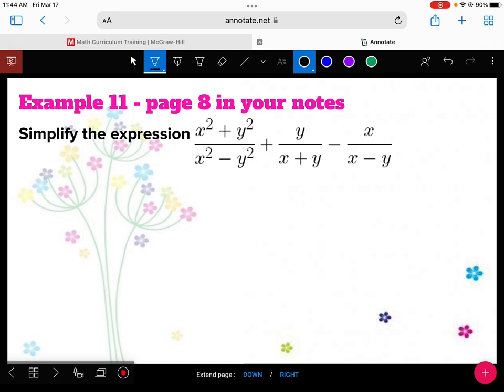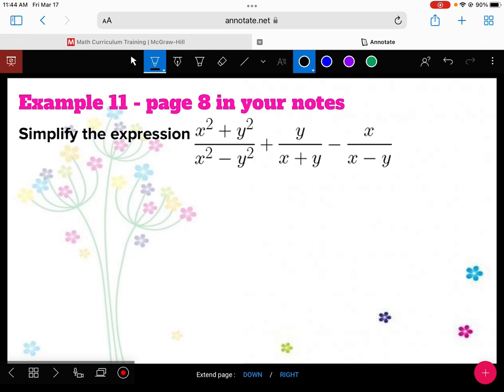All right, we've got addition and subtraction going on here. Do my denominators have any common factors? Is there anything that's the same that goes into all of them? All three of them? X times what would give me x squared minus y squared?